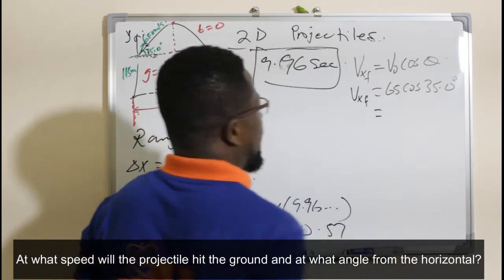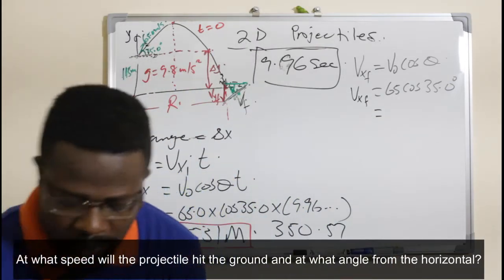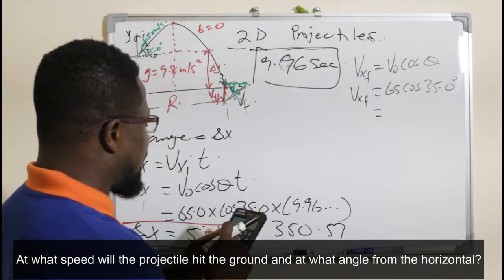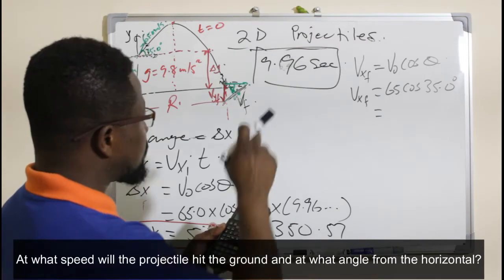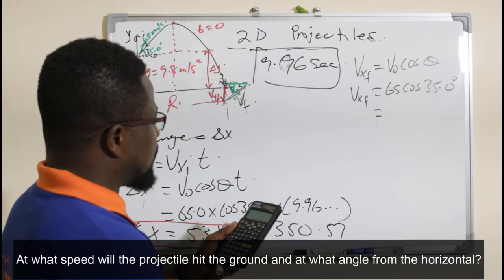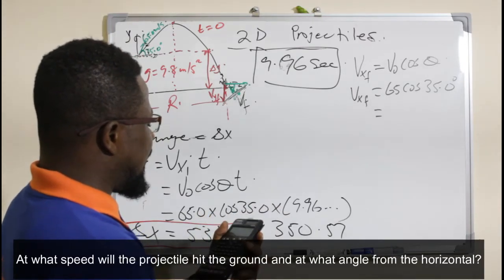Okay. And if we do this, let me punch the calculator and let's see what we're going to have as our value. So 65.0 multiplied by cos 35.0, and that is going to give me 53.244888.